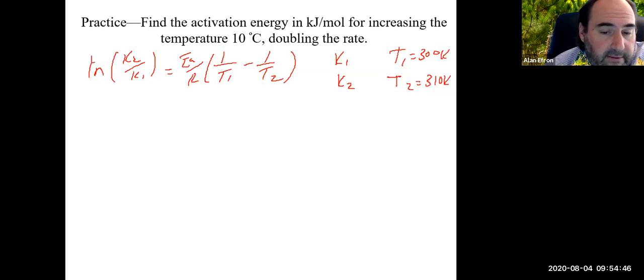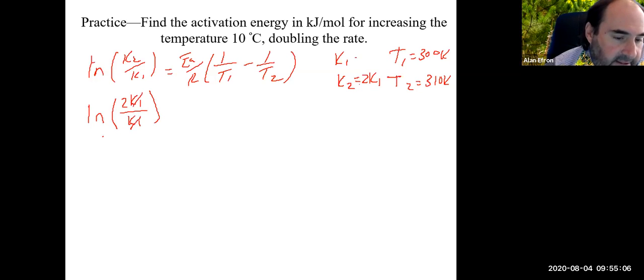So it doubles from k1 to k2, which means k2 equals 2 times k1. When we put it in here, we get 2k1, double the first rate constant. Those cancel, and we end up with the natural log of 2 on that side, which basically means that it doubles.